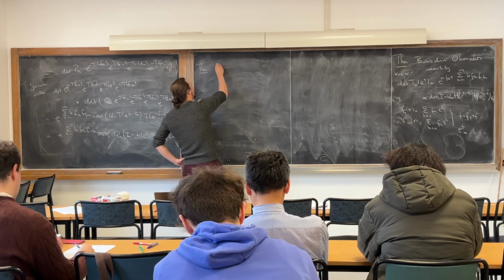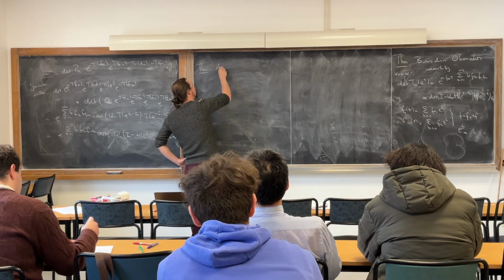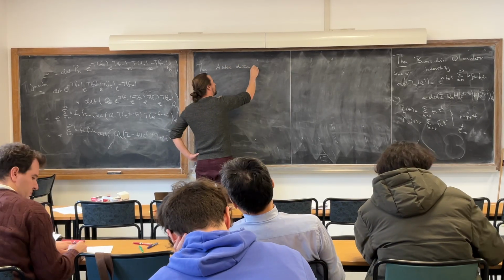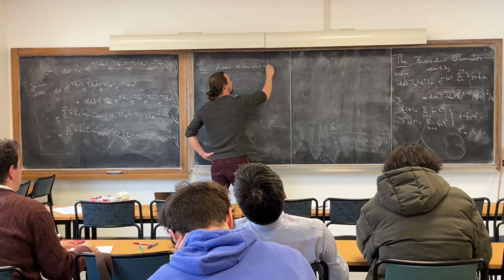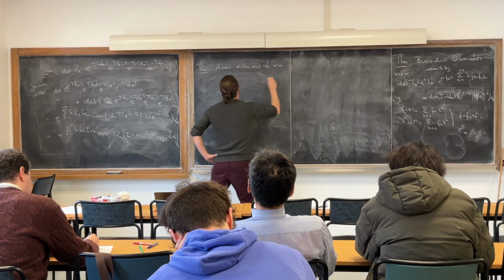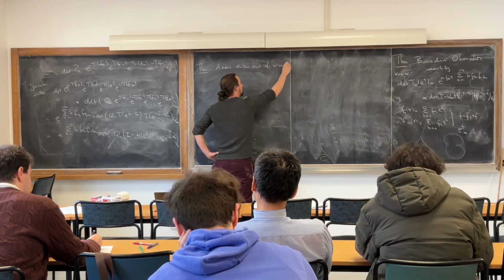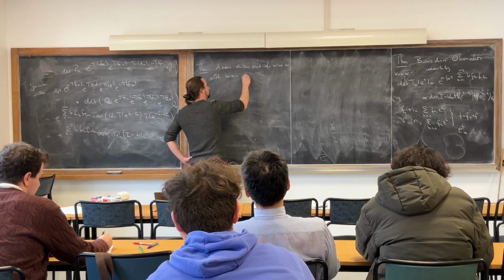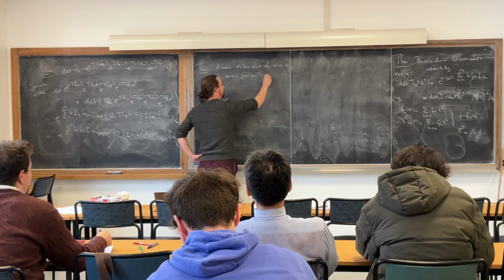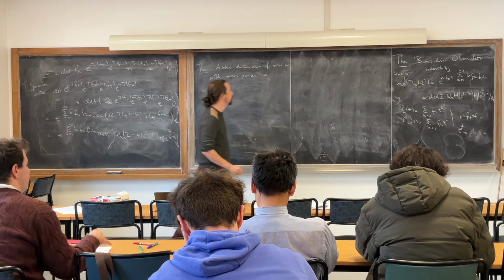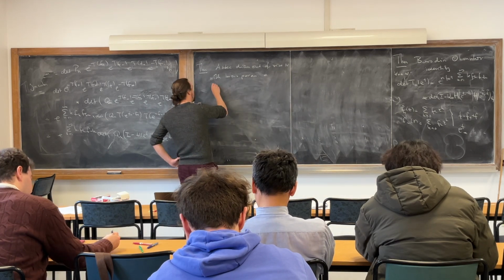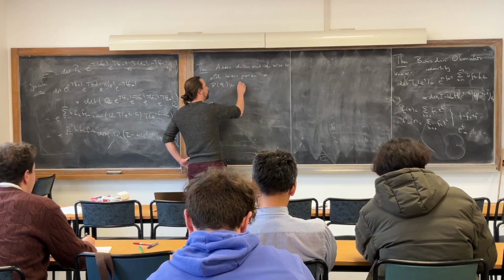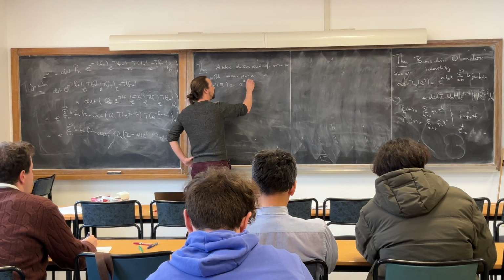Let's take the Aztec Diamond of size n with bias parameter a. So we have this again, right? So basically the probability of a given tiling is proportional to a to the number of vertical dominoes.